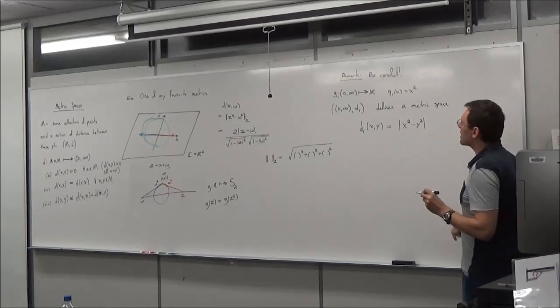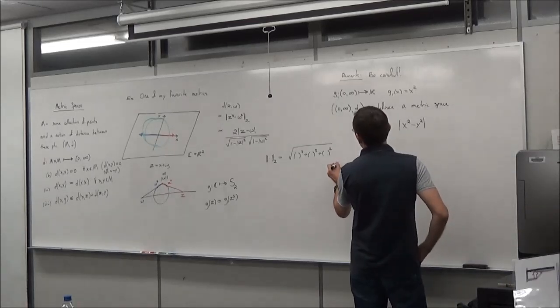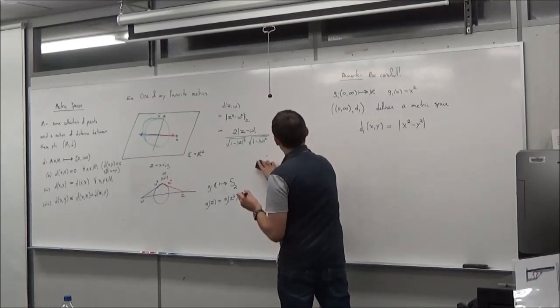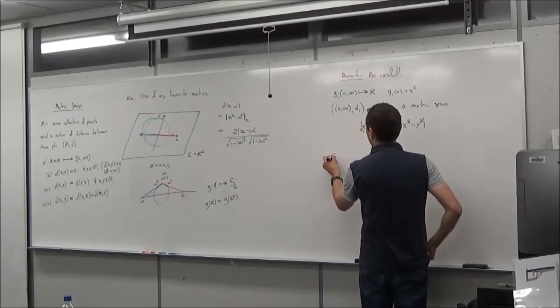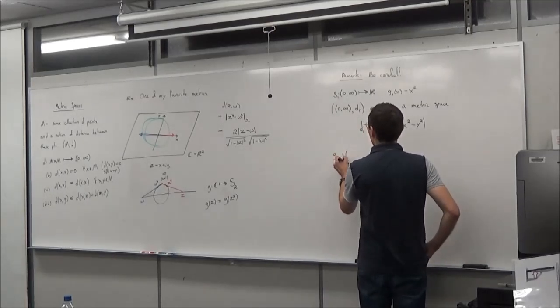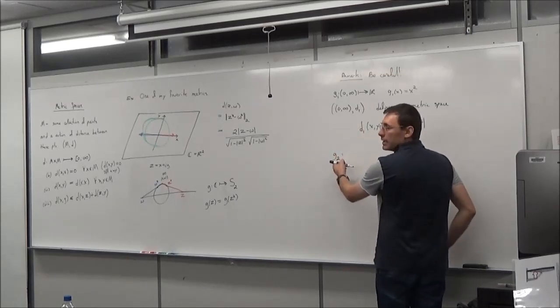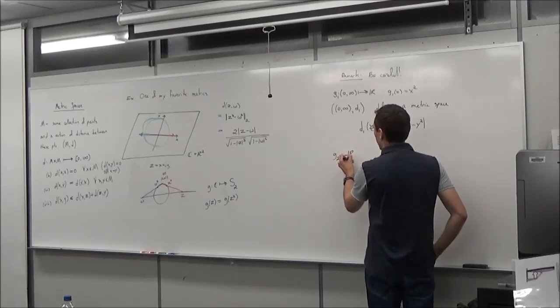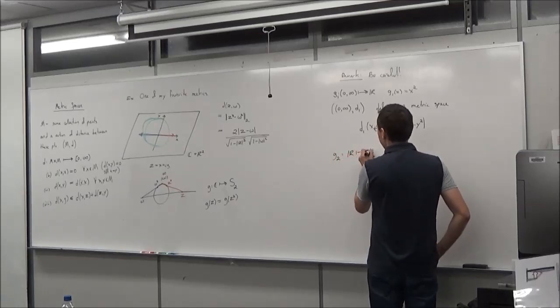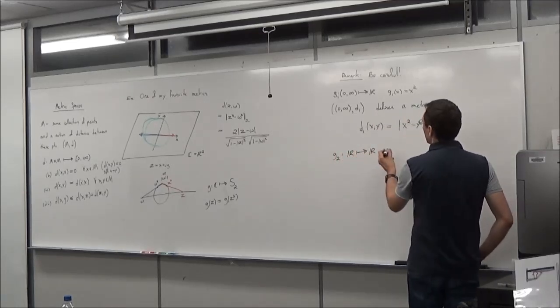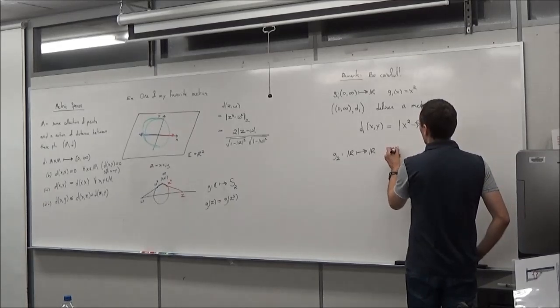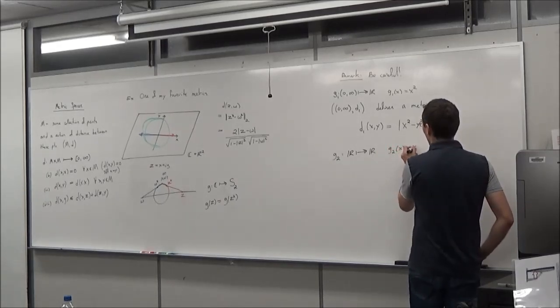Now let's look at what happens if I take g2. I'm giving it a different label because now I'm going to define it from R to R, and g2 of x still has the same formula, x squared.